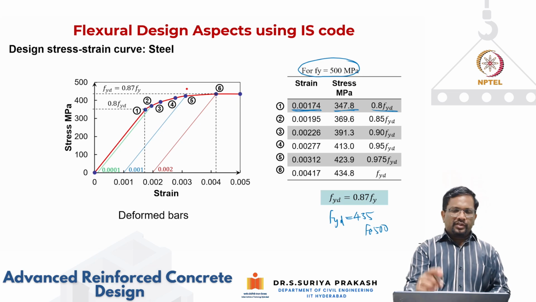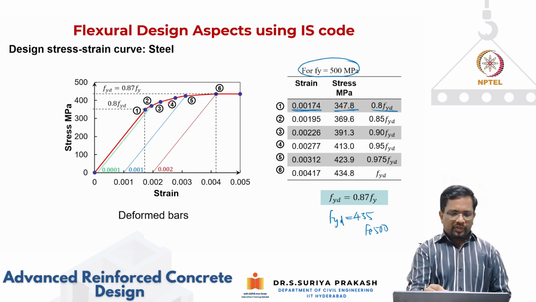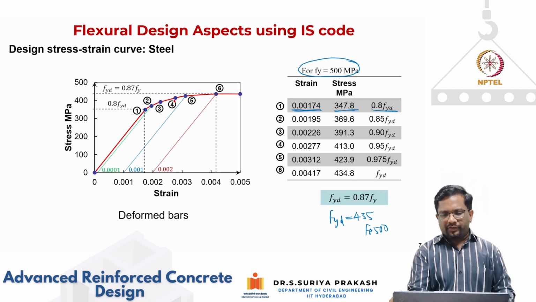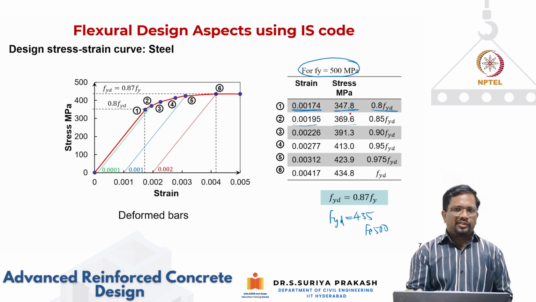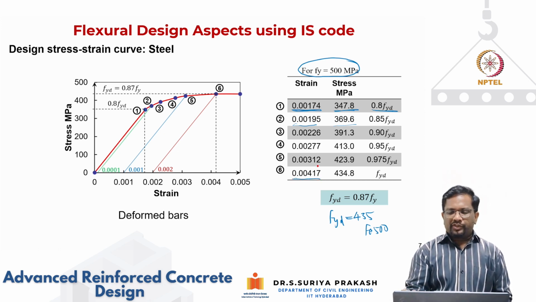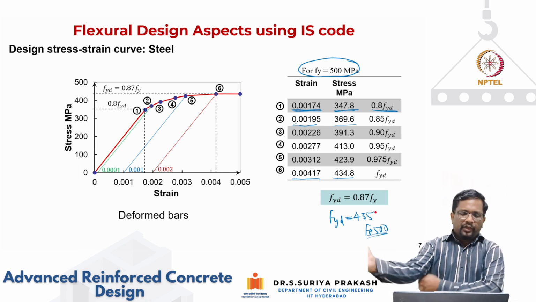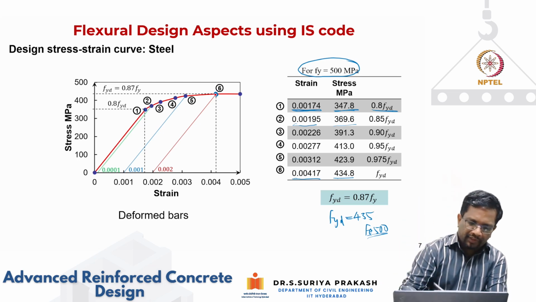Similarly, because this is a nonlinear curve, the design stress strain values are specified here. For example, for a strain of 0.00195, you get a stress of 369.6, and then at a strain of about 0.00417, we get a stress of 434.8, which is your 435, the yield stress. Now you can tell me, how did you get your yield strain? This is how we specify it.